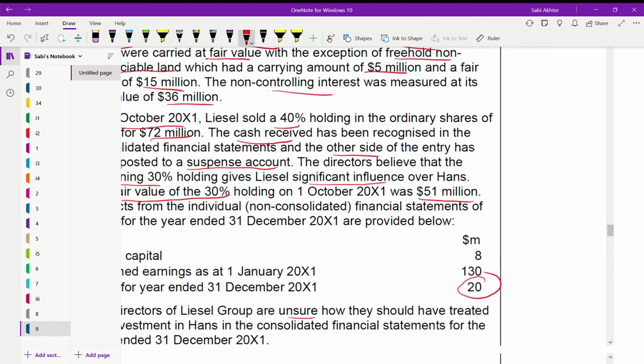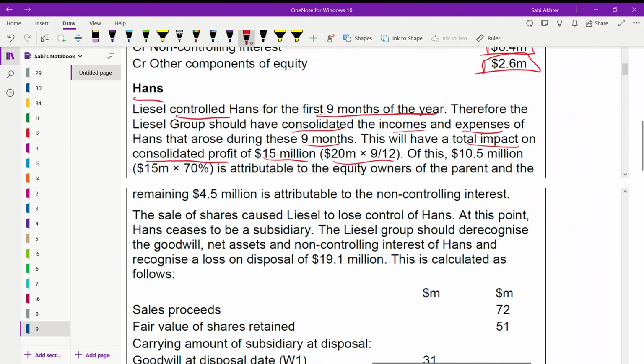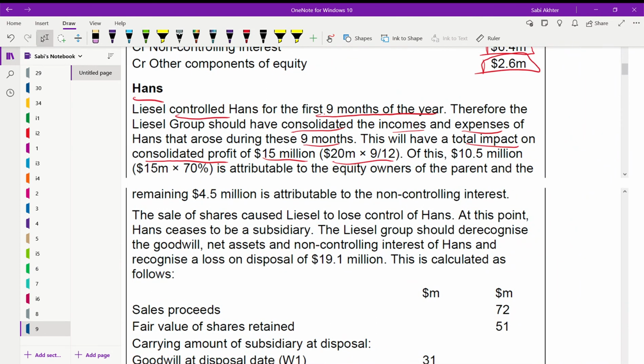Out of this only 9 months we are taking, which is 15. And of this 15 million also you have to take 70% only, which will go to the parent, which will be attributable to the equity holders, which is 10.5. And the remaining 4.5, because 15 minus 10.5, will be attributable to the NCI.